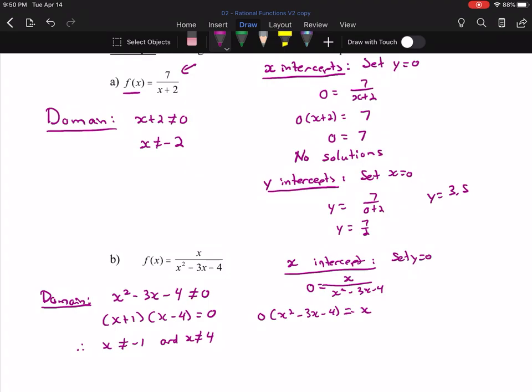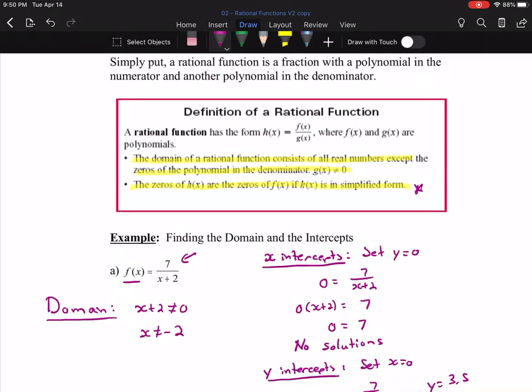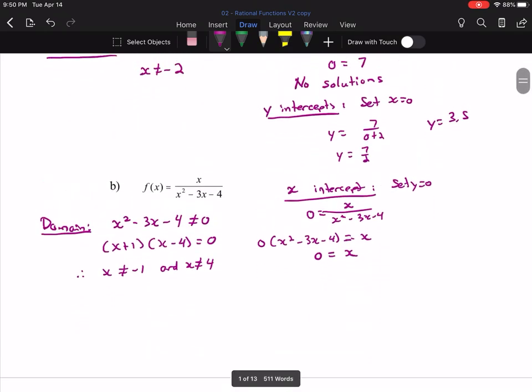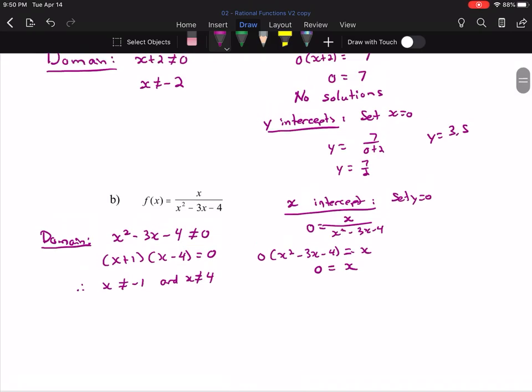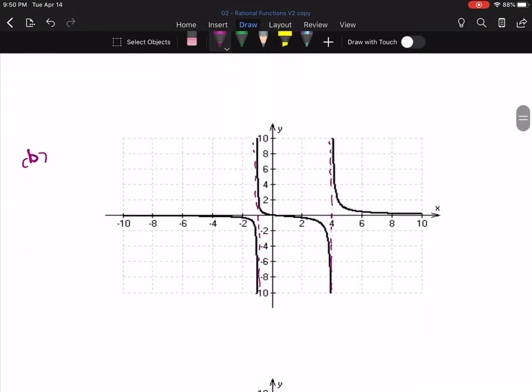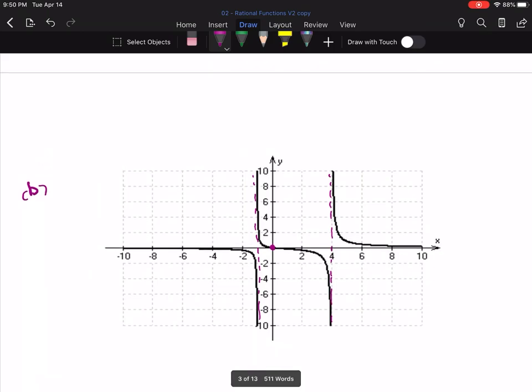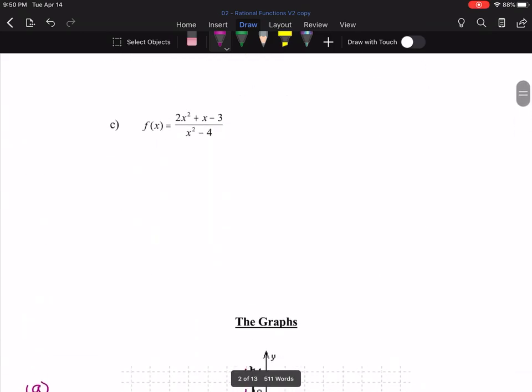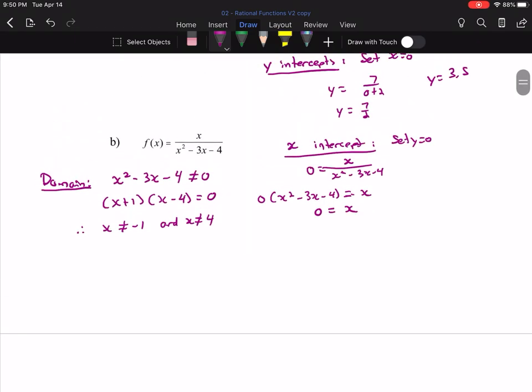And so really, you can skip that step. And that's what that box up there was trying to say, is if you want to find the zeros of a rational function, just find the zeros of the numerator is what we're finding there. And the numerator here was x. So after some algebraic manipulation, I find out that x equals 0, which is just the numerator. Let's look at the graph and see how an x-intercept of 0 played out. In that graph, I had an x-intercept of 0 right there. Is that helpful? Extremely. Does it tell the whole picture? No, there's lots more to teach you before we can do the whole picture.